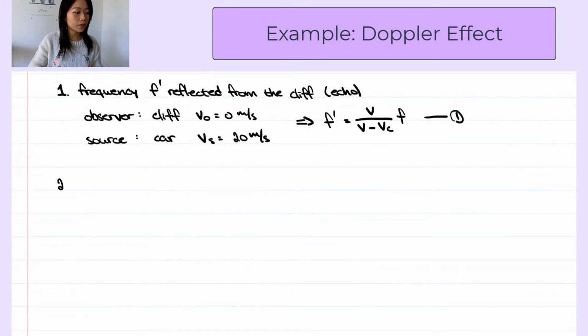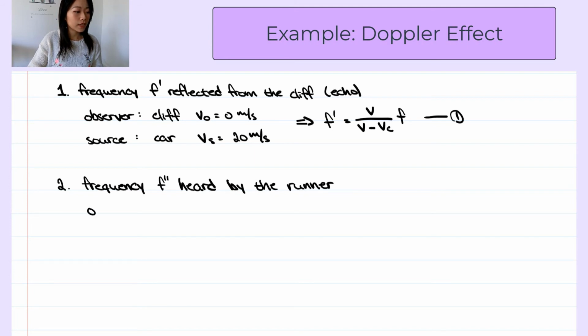Then step 2. We are going to find the frequency F double prime heard or perceived by the runner, the observer.